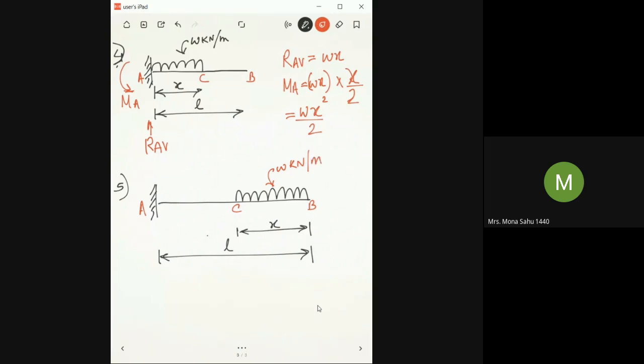All right, so you'll have RAV here and the reaction moment. So if you want to calculate RAV, what will be the value?